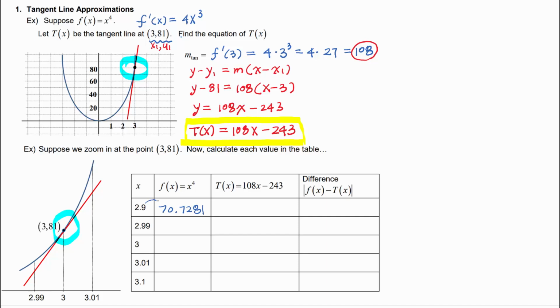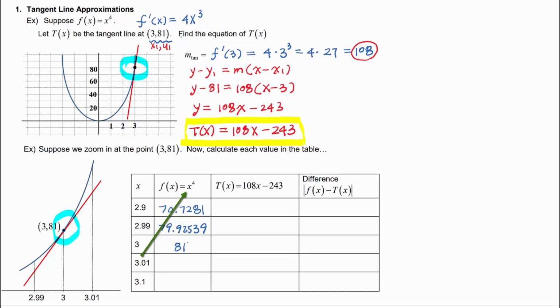All you're doing is plugging in 2.9 to the fourth power. And if you do that with 2.99, you get 79.92539. And if you plug 3 in there, you get 81, 3 to the fourth power.